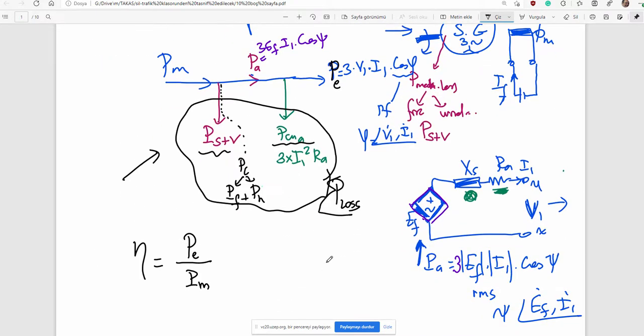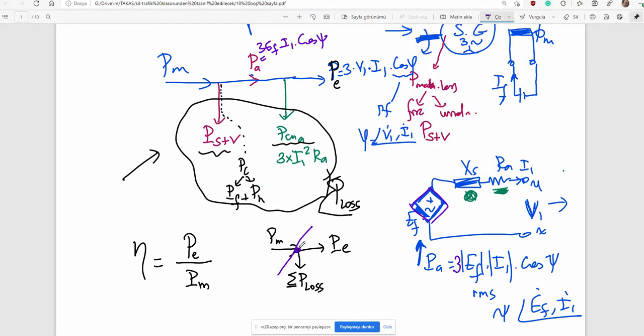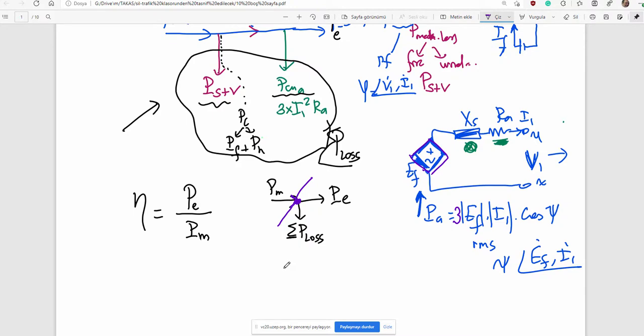If you consider it like this, some of the applied input power will be dissipated in total losses, and the rest of the power will be on the electrical terminal. If you cut here, or write Kirchhoff's node equation for this node, the input or mechanical power is equal to electrical power plus total losses.